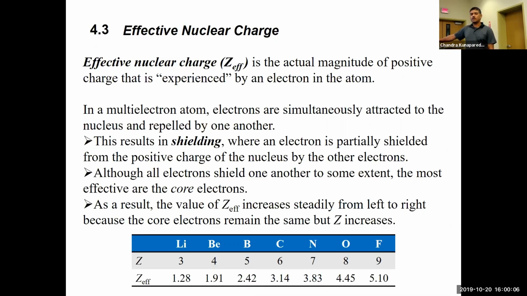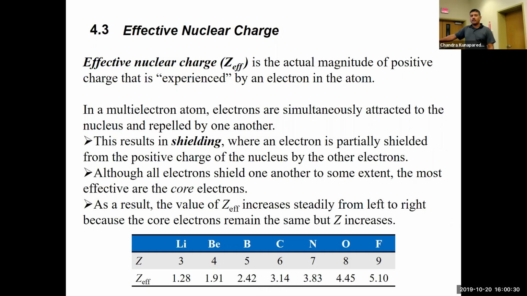So in simple words, an effective nuclear charge is the attraction of the nucleus on the last, or the outside, electrons, like how powerful is the attraction of the nucleus on the outside electrons. So we have many different elements, like 118 elements.